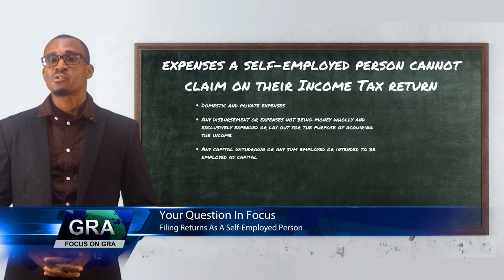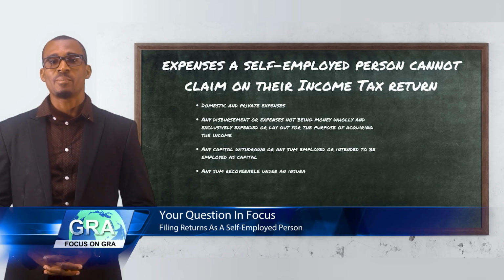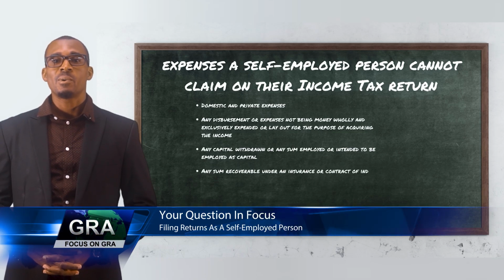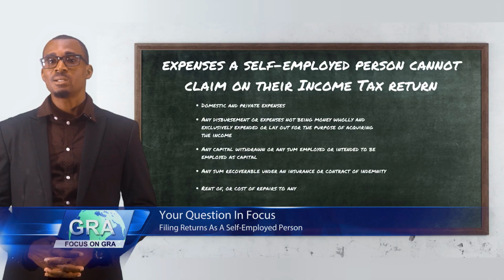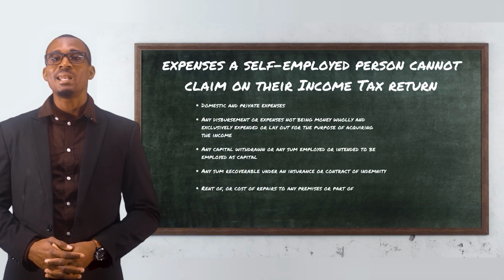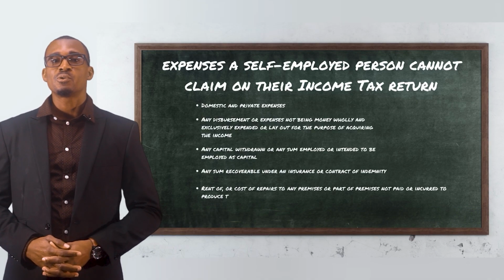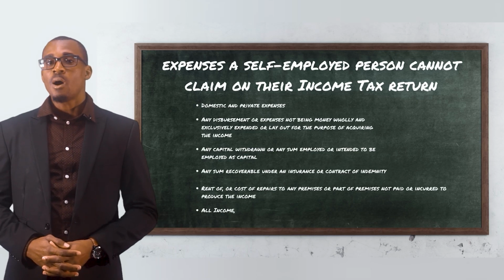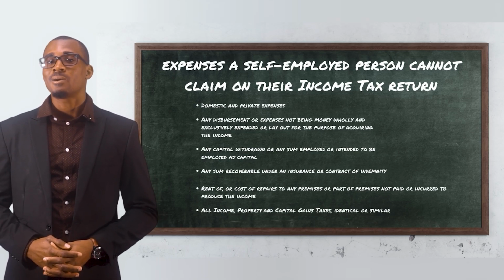Any capital withdrawn or any sums employed or intended to be employed as capital. Any sum recoverable under any insurance or contract of indemnity. Rent of or cost of repairs to any premises or part of premises not paid or incurred to produce the income. All income, property, and capital gains taxes, identical or similar taxes.